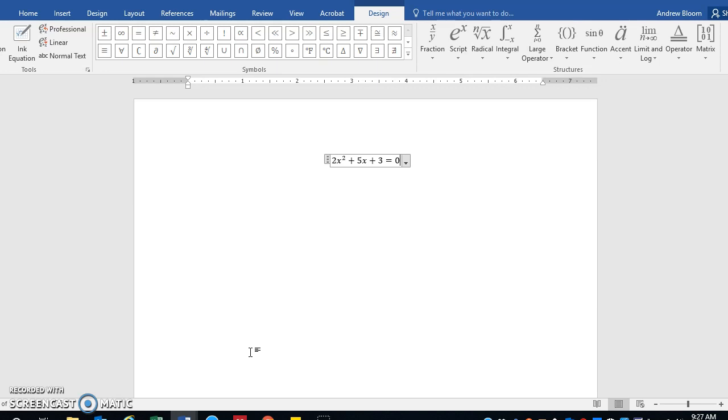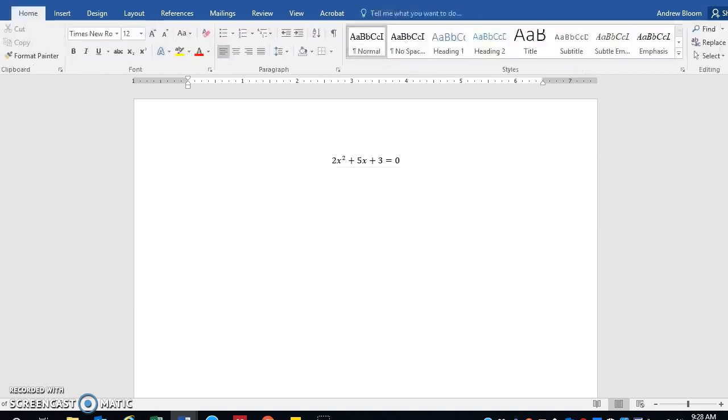In this case, 2x squared plus 5x plus 3 needs to be factored, and it's a three-term polynomial. There is no GCF, and so let's go ahead and use the AC method. In this case, AC is equal to 6, B is equal to 5, and so we need two numbers that multiply together to be positive 6 and add together to be positive 5.